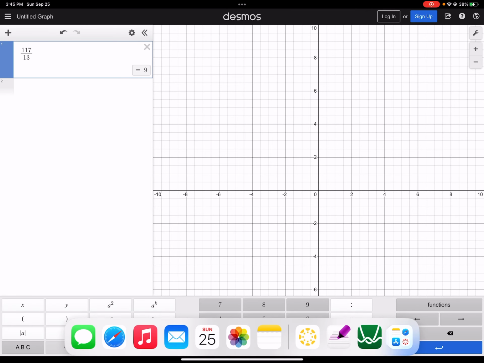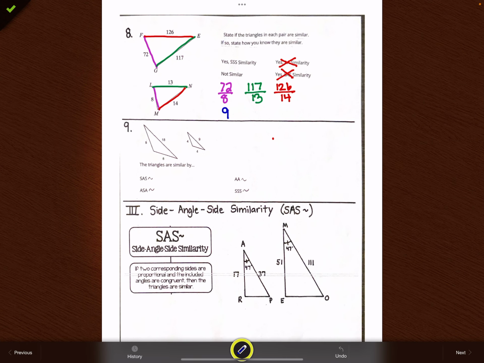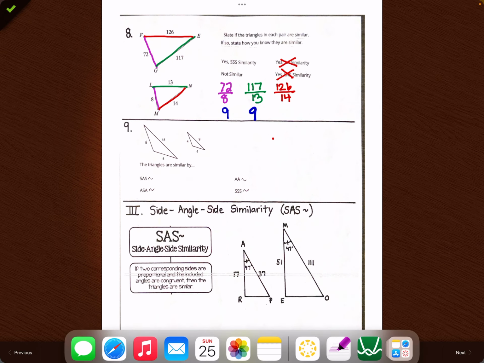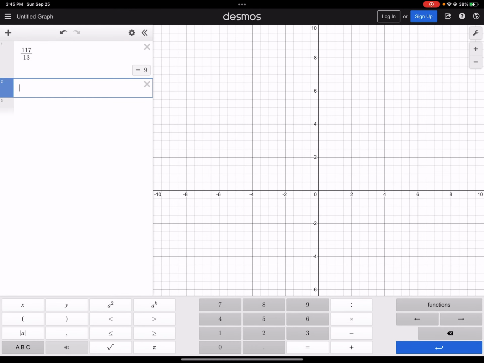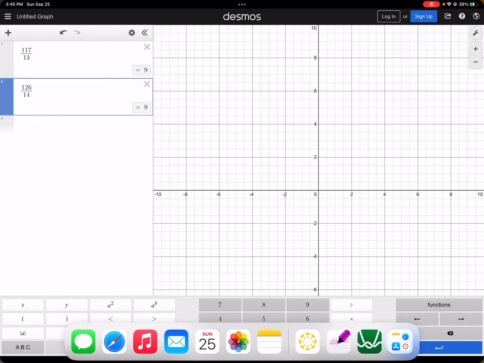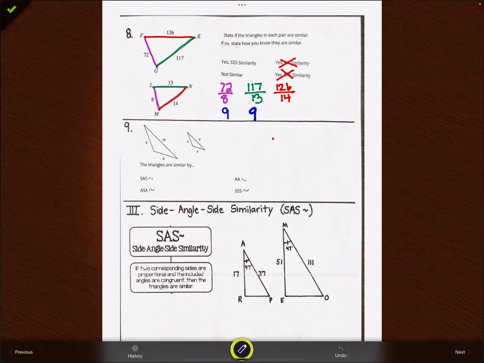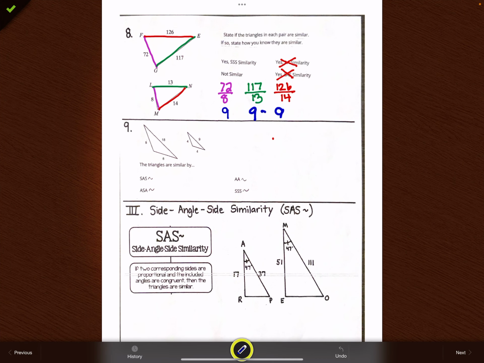Oh, comes out to be 9, good. So that one works. And 126 and 14, let's see if that gives me 9. It also gives me 9. So this does work. Yay. I always equal them out, check them off. My sides are proportional, so yes, they're similar by side, side, side.